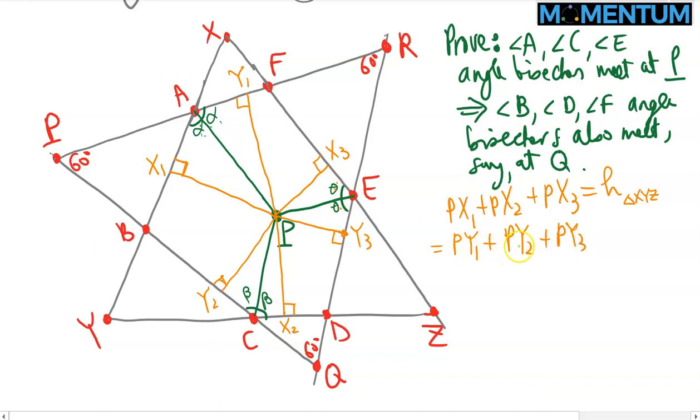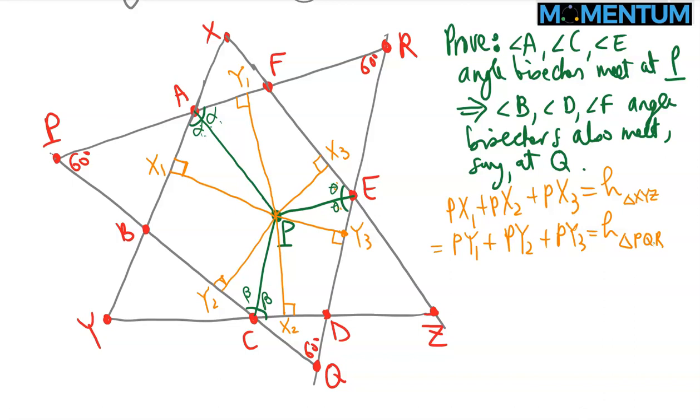Hey, Py1 plus Py2 plus Py3 is the sum of the distances from that point P to the three sides of the equilateral triangle PQR. Aha! You guys see that? But that's just the altitude of triangle PQR. Wow, so what just happened is we have two equilateral triangles, XYZ and PQR.